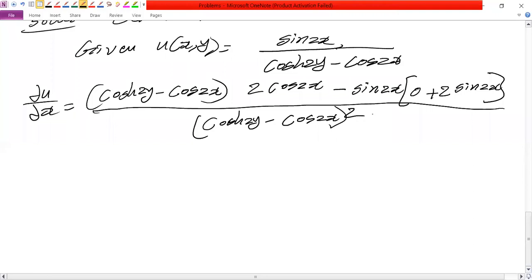So we need to do simplification. While we do the simplification, what we will get? Here it is. Now cosh 2y into 2 cos 2x. So 2 cosh 2y into cos x minus 2 cos square 2x minus sin 2x multiplied with the 2 sin 2x.